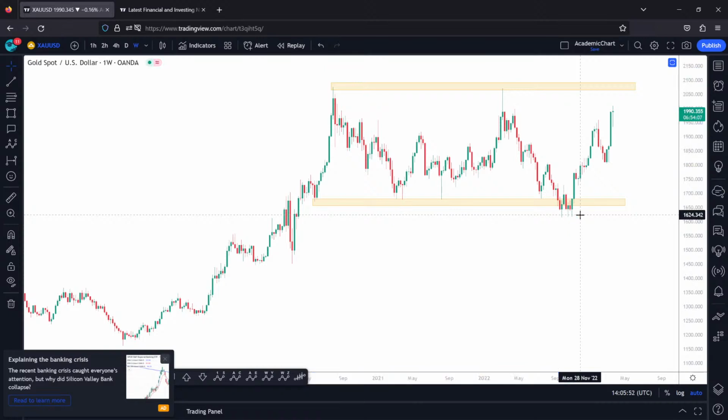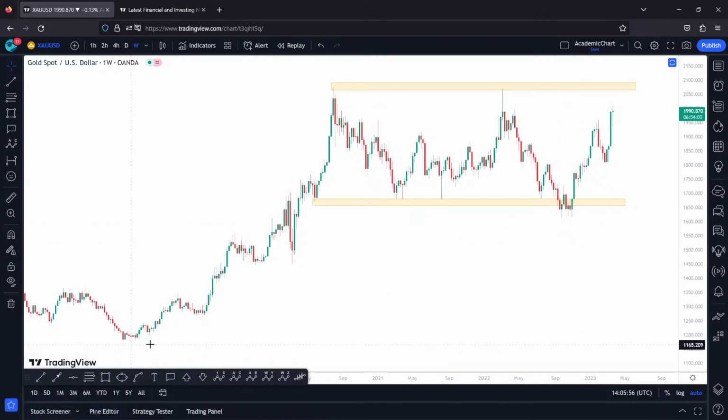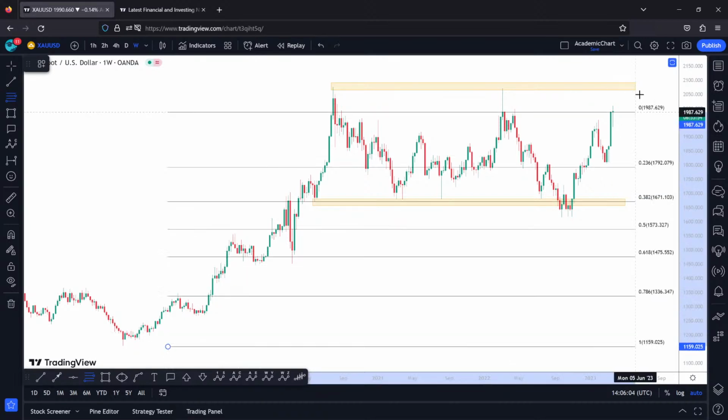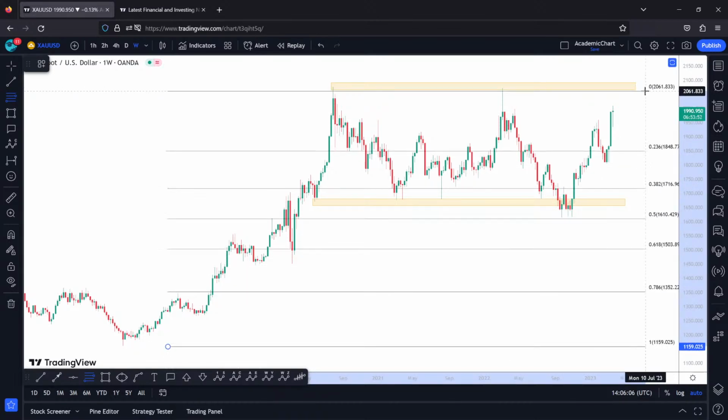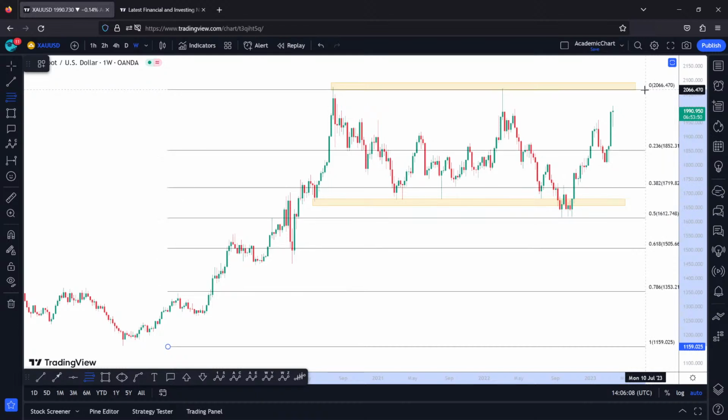So I would like to remove this this time, and I would like to look at this impulsive downtrend here. Let's utilize the Fibonacci retracement tool, and we are seeing that this whole rally, this corrective sideways structure, has been up to 15%.